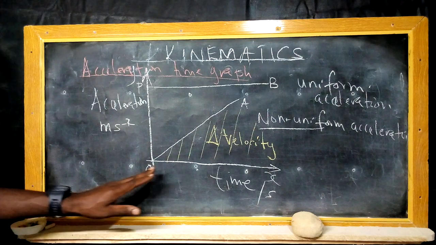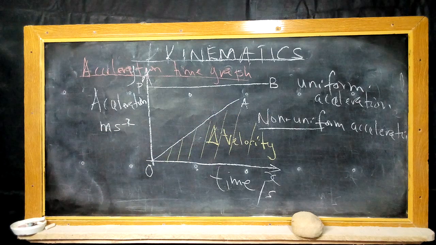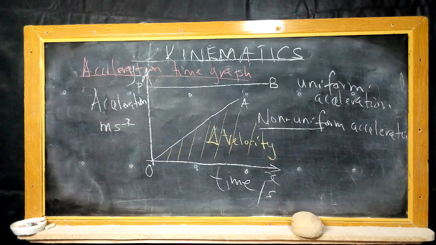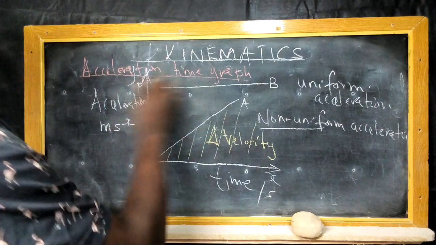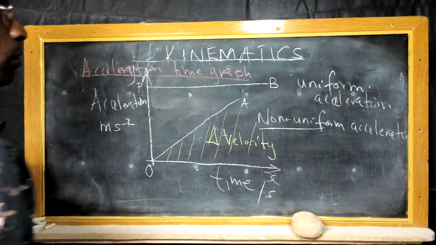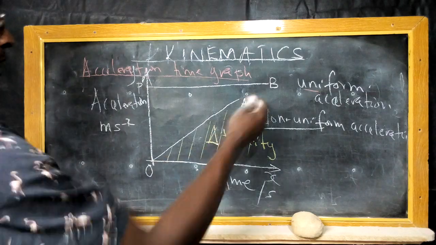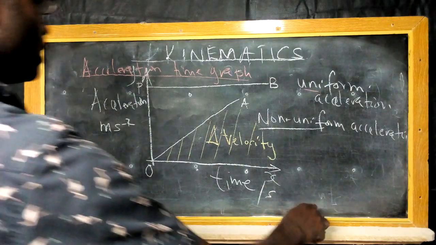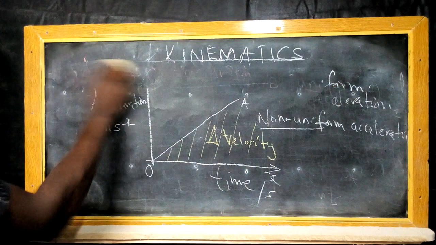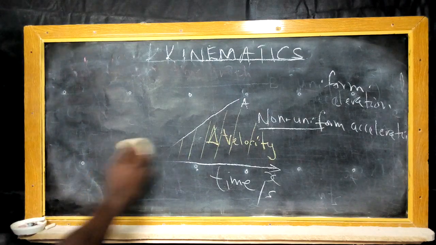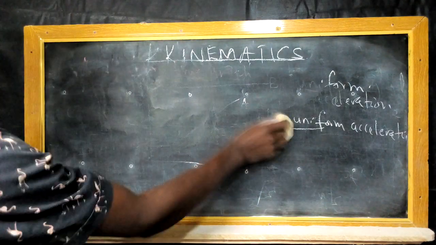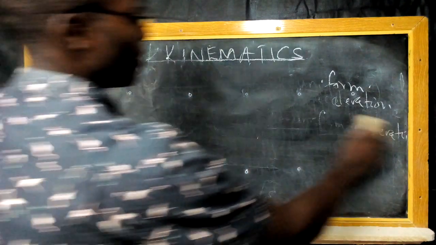Whenever we have this kind of change in velocity, the area under it represents velocity. Now we have talked about two aspects: the line PB for a moving object contains uniform acceleration, while the other one is non-uniform acceleration. So this is the first graph that we're going to consider when we talk about acceleration and time, or the kinematic equations.